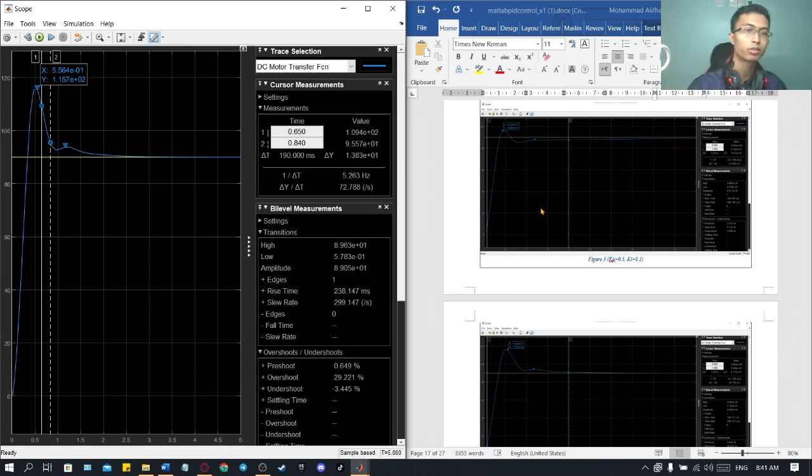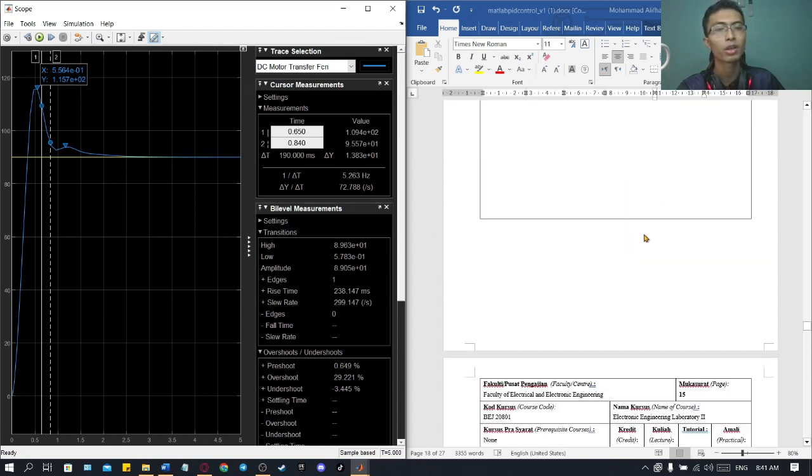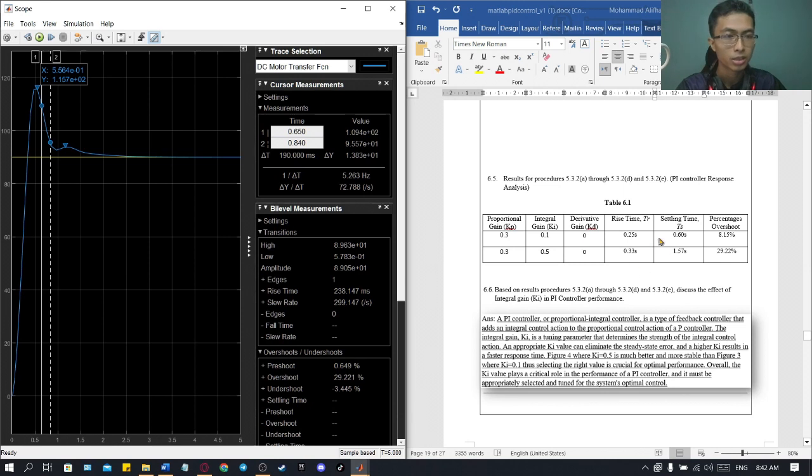Now we can see the graph is more stable than before with integral gain 0.5. Here we got, for 0.3, a rise time of 0.25 seconds and a settling time of 0.6 seconds, while with integral gain 0.5 we get 0.33 seconds and a settling time of 1.57 seconds.